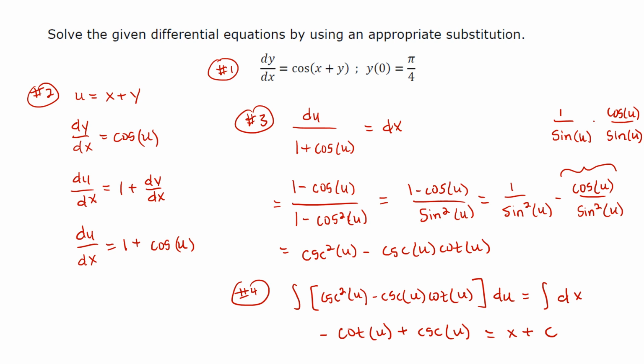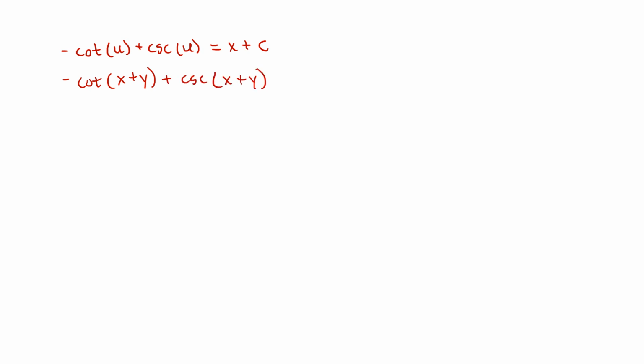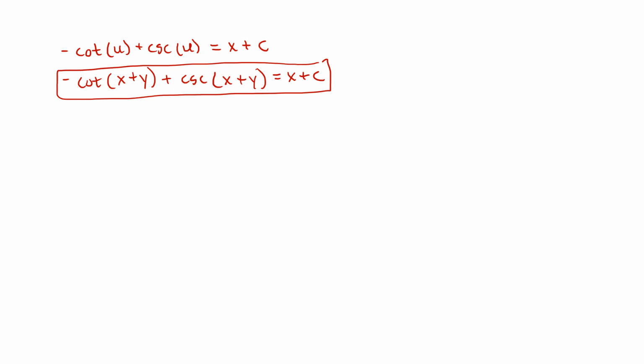For step number 5, we can now back substitute. In back substituting, we had negative cotangent u plus cosecant u equals x plus c. We know what u is. That is x plus y. So we can enter that in: negative cotangent of x plus y plus cosecant of x plus y equals x plus c. That is our general solution. So that's step number 5.